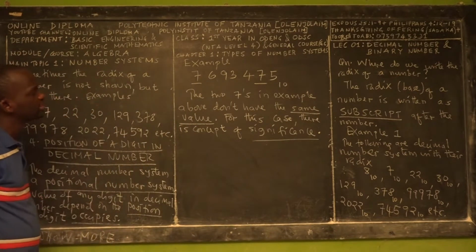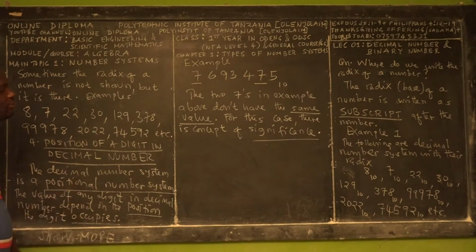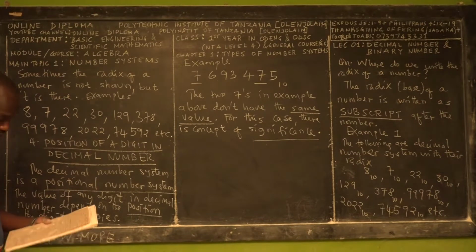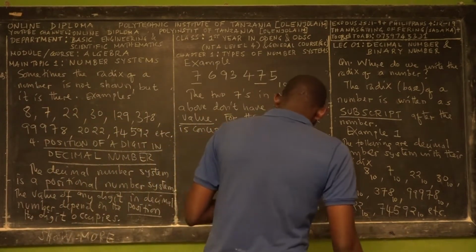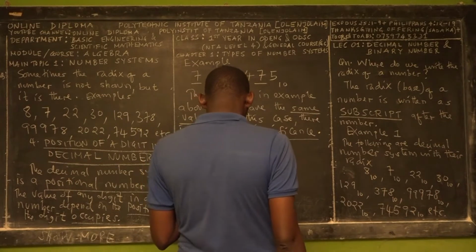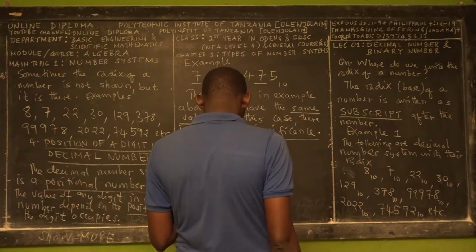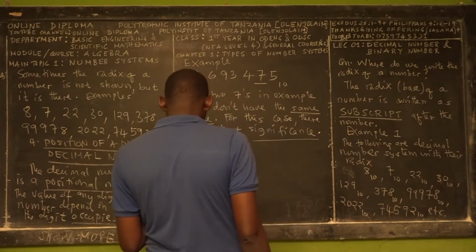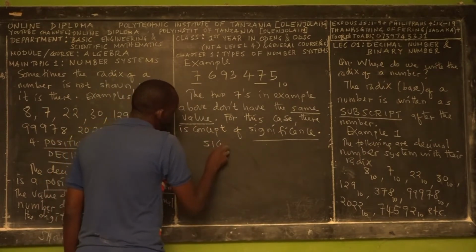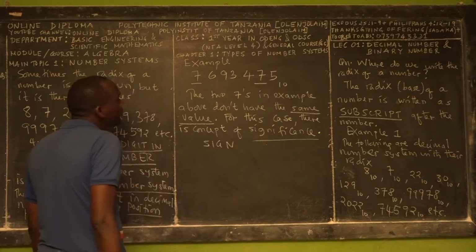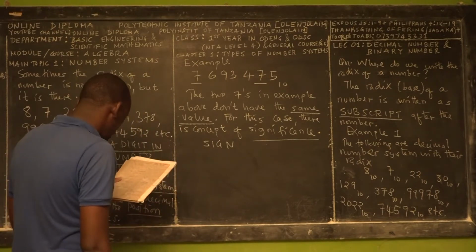So the two sevens in the example above don't have the same value. For this case, there is the concept of significance. So for that, let us end the concepts of the decimal number system here.